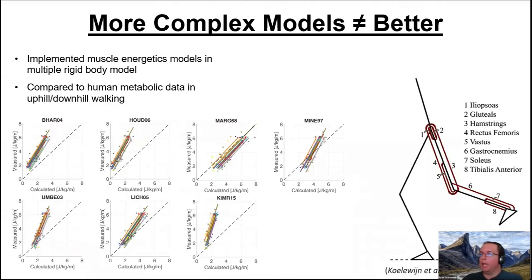Well, one such thing is I don't believe any of these energetics models are taking into consideration a cost for something like force rate. So it's possible that if you added a force rate cost or some sort of representation of a force rate cost to those models, perhaps they do a better job. That's one thing that comes off the top of my head.